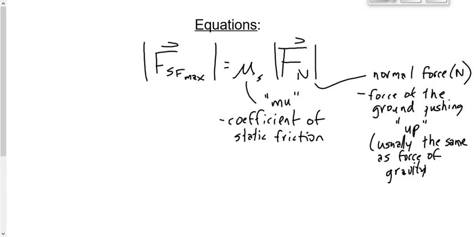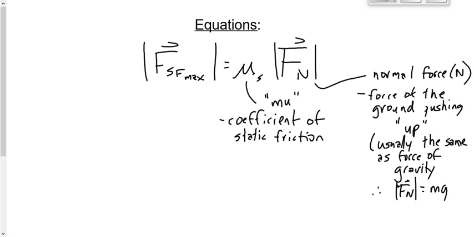In other words, you guys know what that symbol is? Therefore. Okay, usually it's the same as the force of gravity pushing down, so therefore the normal force will usually, not always, but usually be the same as m times g.